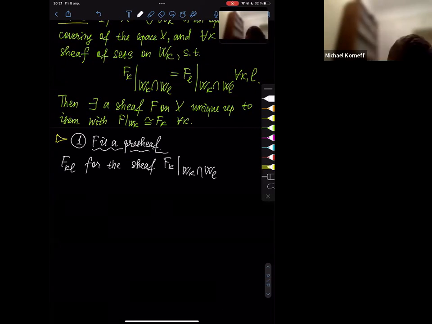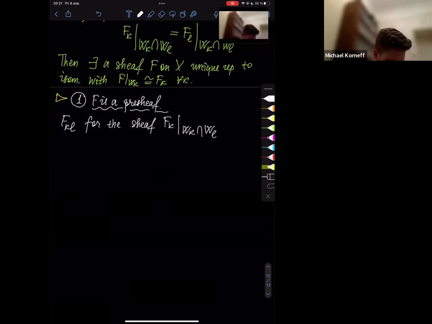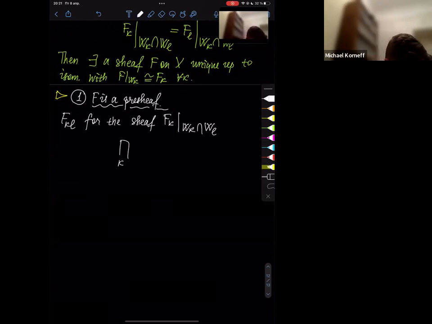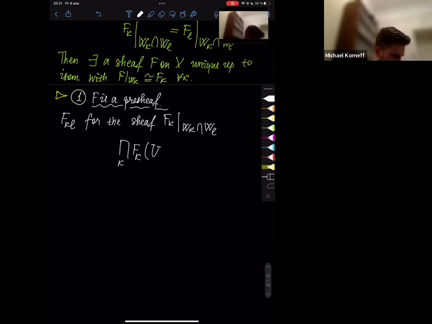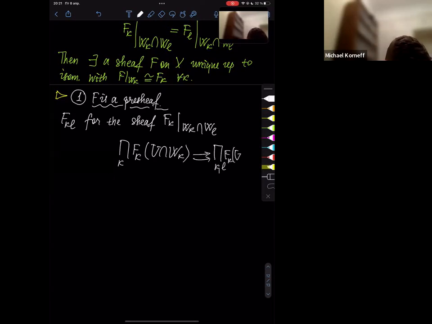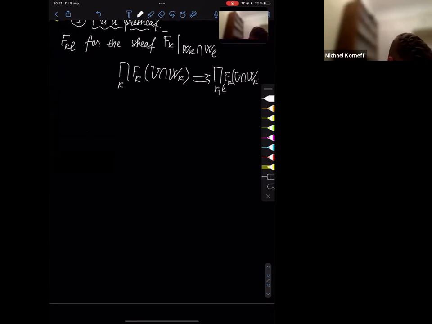If we consider the following equalizer, and if the desired sheaf F exists, that is, we have the following.